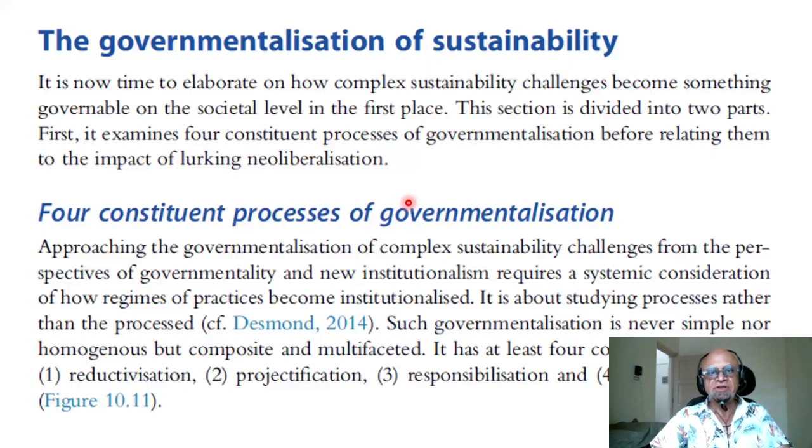So it's important to understand that once you defined sustainability and mapped out the risks and so on, you have to figure out what is governable and how it can be framed to make it governable, so that then you can governmentalize the sustainability challenge.